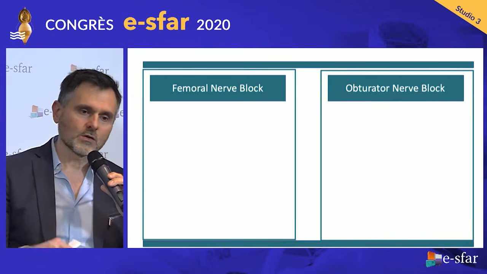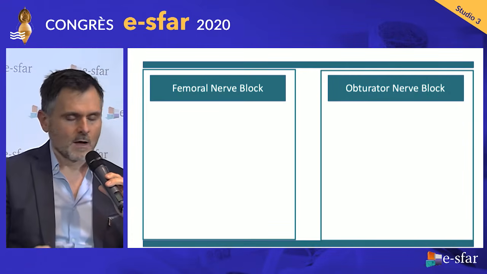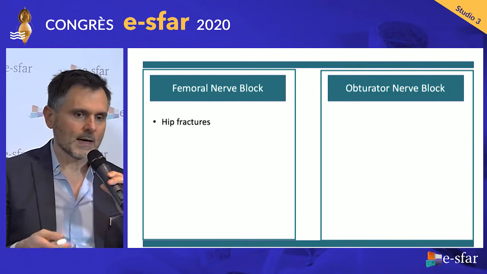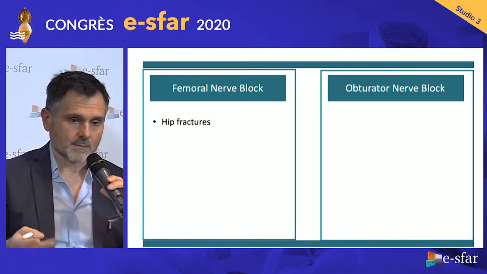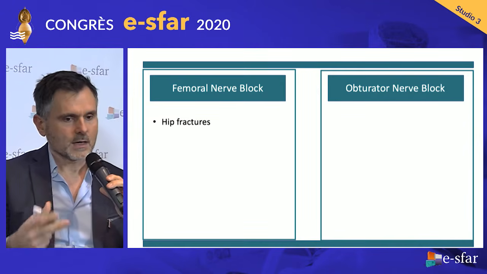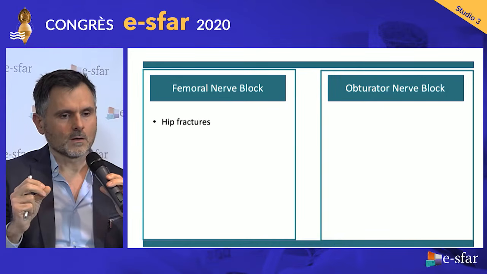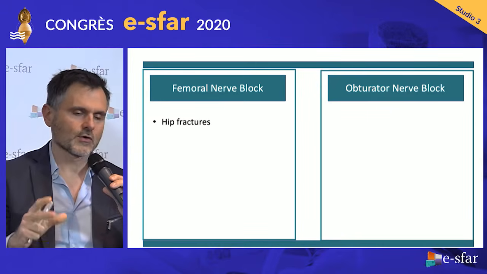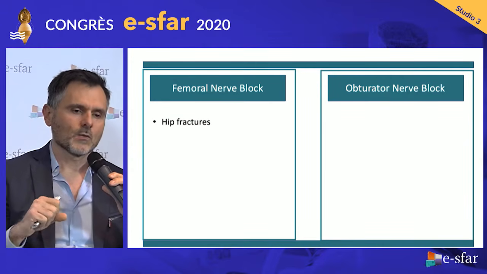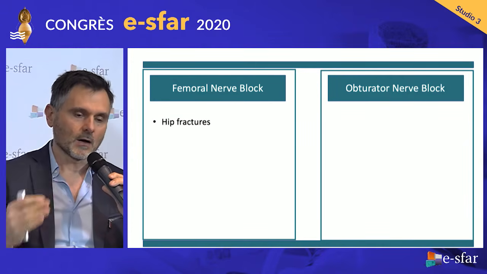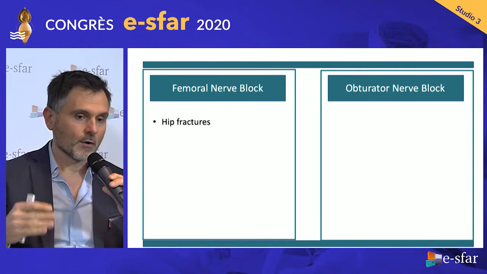So now, what about the indications? The femoral nerve block is well indicated for hip fractures. It allows a good analgesia level and muscle contracture relief, which permits good analgesia with morphine sparing.